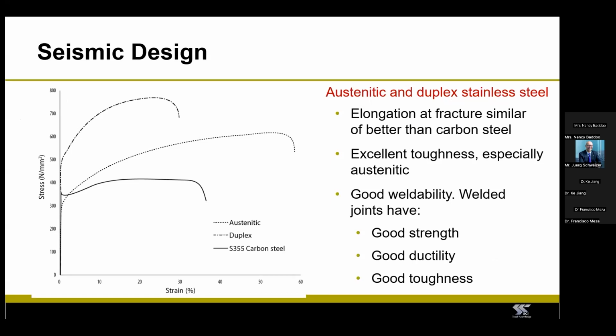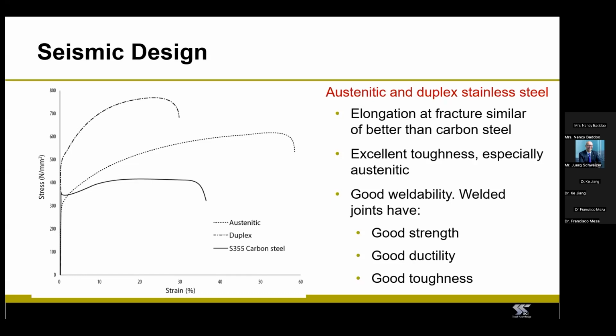As I mentioned during the second webinar, stainless steel is at least as ductile as carbon steel. As you know, this property is very important because during an earthquake, the energy that is induced by the earthquake is required to be dissipated through inelastic deformation of some key structural elements.